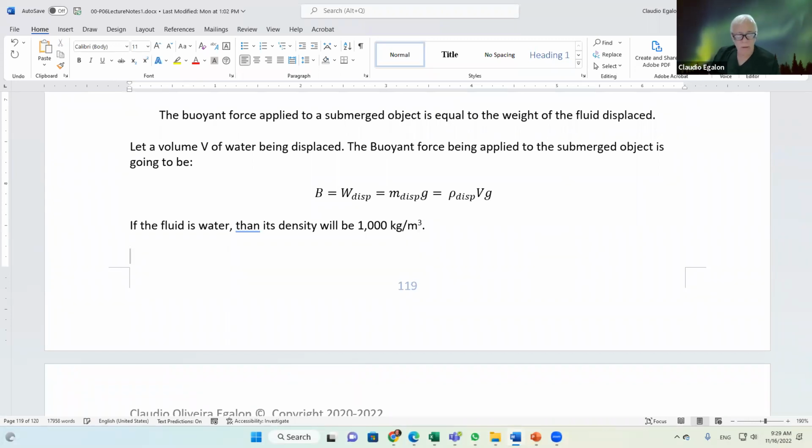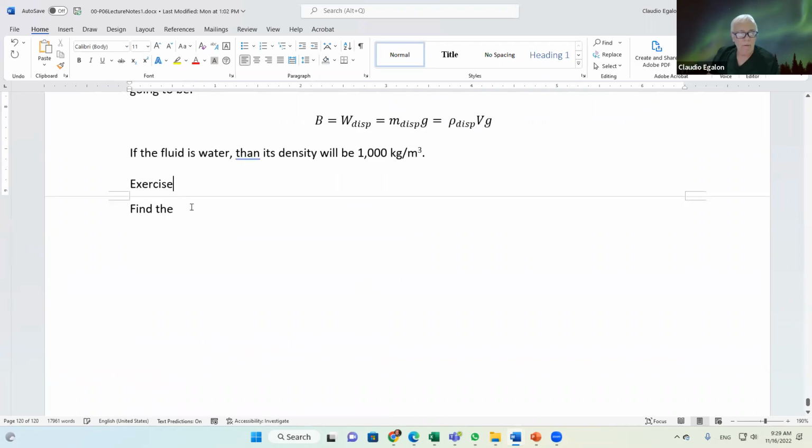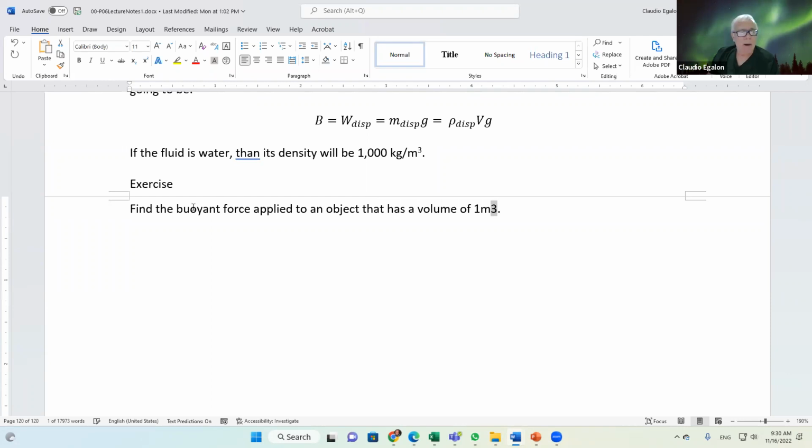So suppose, for example, a simple exercise. Find the buoyant force applied to an object that has a volume of 1 cubic meter.